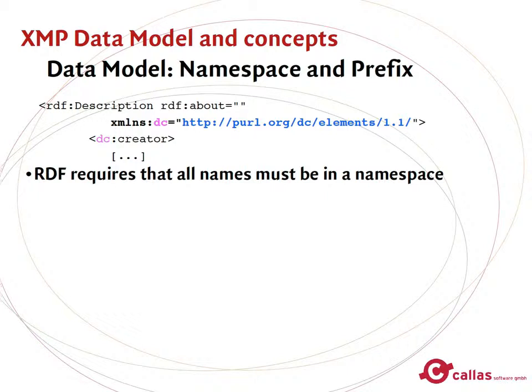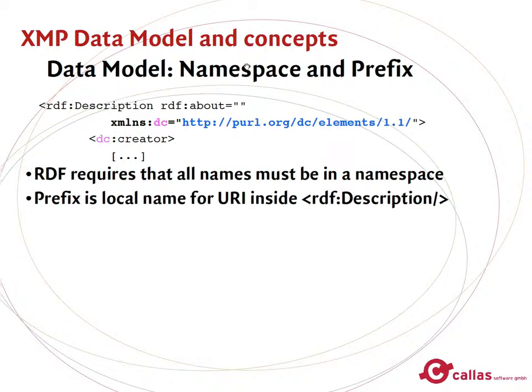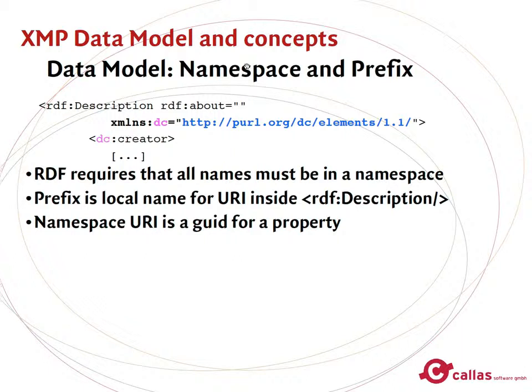RDF requires that all names have to be in the namespace. The prefix is a local name for the URI inside the description tag, so you can use this prefix as a placeholder or as an abbreviation for the whole URI.